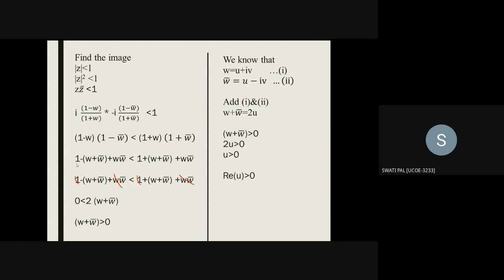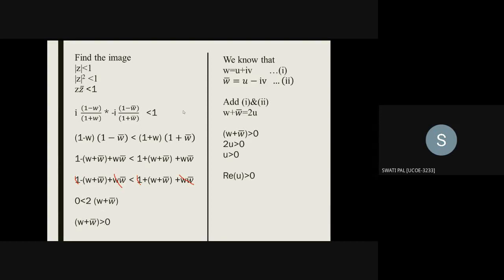In this equation, on both sides some terms get cancelled, that is, 1 and w into w bar. By shifting all the values to the right side, we get 0 is less than 2 into (w plus w bar). We can also write this equation as w plus w bar is greater than 0.